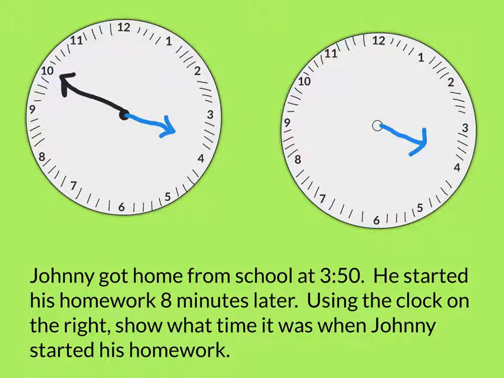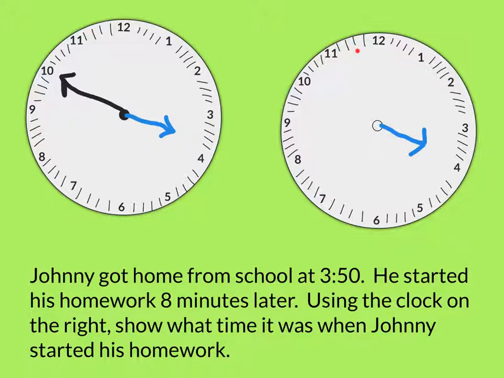For the clock on the right, the hour is already placed where it needs to be, between 3 and 4. So we still know that it's 3, but we need to draw the minute hand. Since we know that we're starting at 3:50, he started his homework 8 minutes later. So that means we should go up 8 tick marks. Okay, we have 51, 52, 53, 54. Now right here is 55 because the 11 means 55, 56, 57, 58.